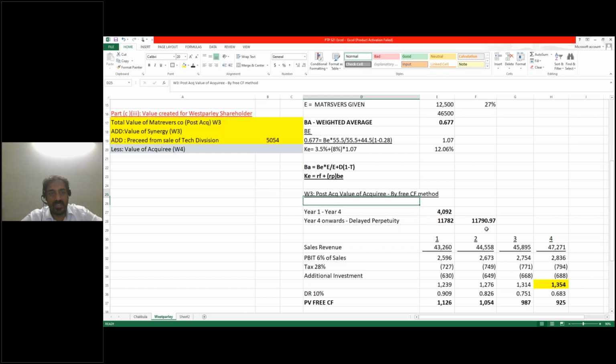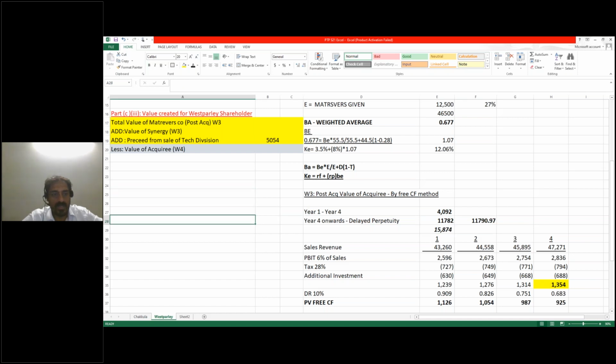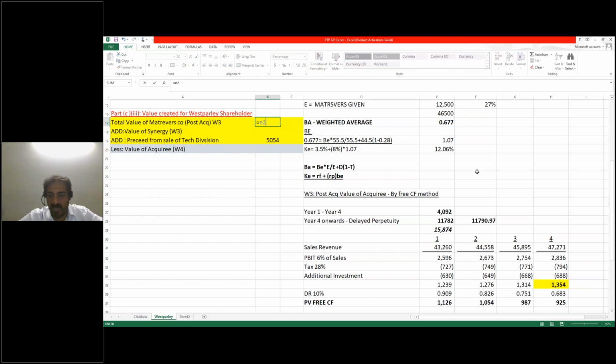That's all over the post-acquisition value, and the total value is equal to how much? The total value, 15874. 15874 is equal to E29. 15874.